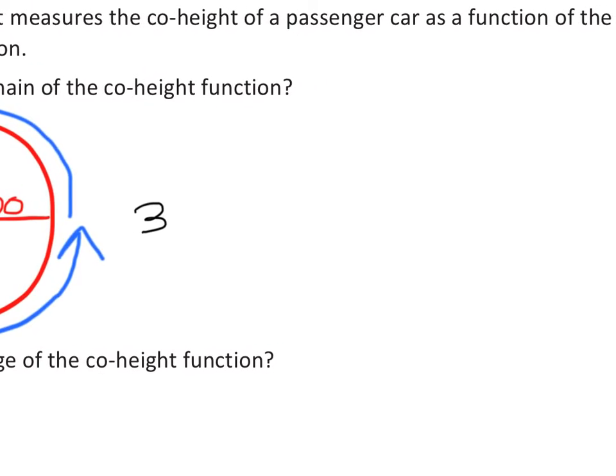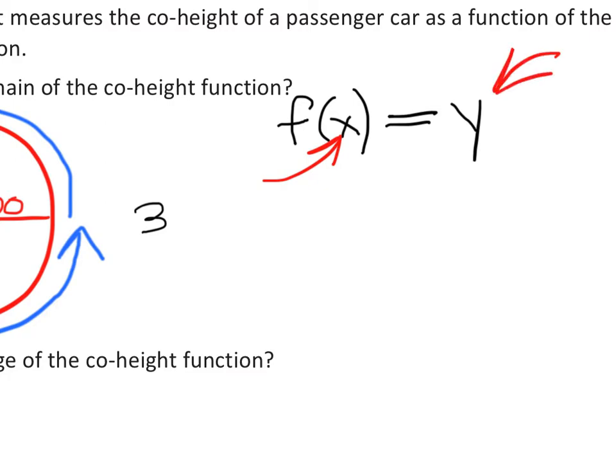In general, you have to remember this. If you have a function f of x, it will spit out a value of y. So whatever I'm putting into this is the domain. Whatever comes out is the y.